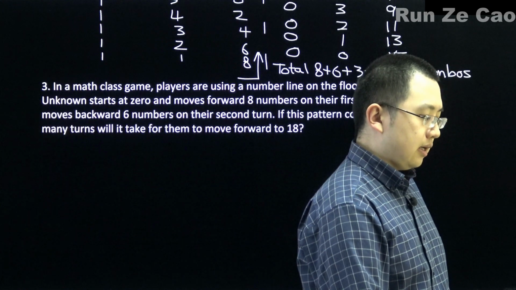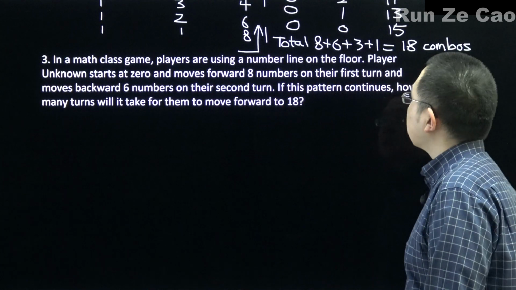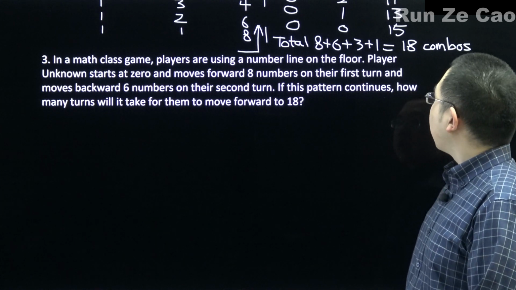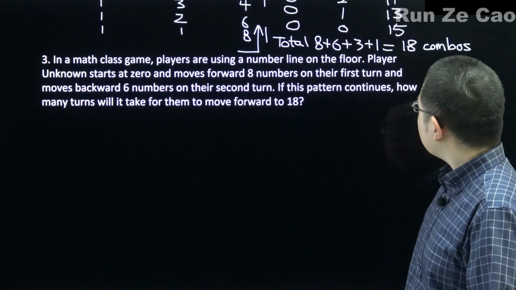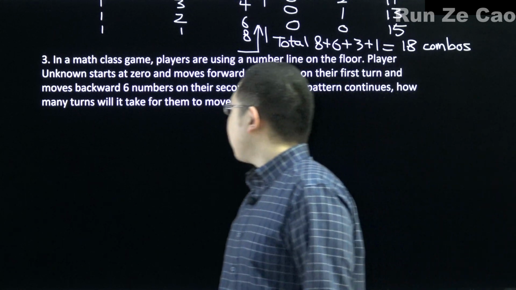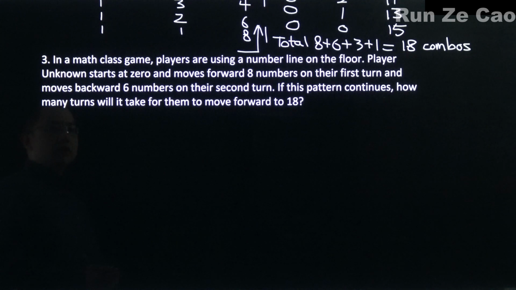Let's say we have a math class and they're playing a game. They're using a number line on the floor. Player unknown starts at 0 and moves forward 8 numbers on their first turn and moves backward 6 numbers on their second turn. If this pattern continues, how many turns will it take for them to move forward to 18?